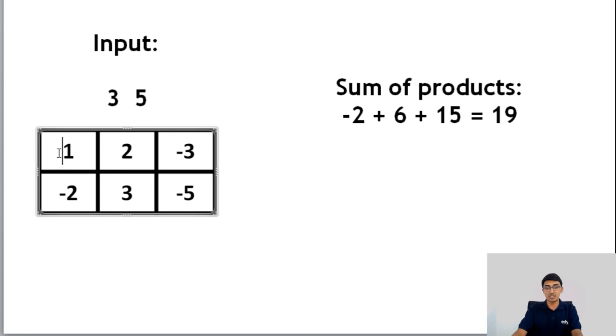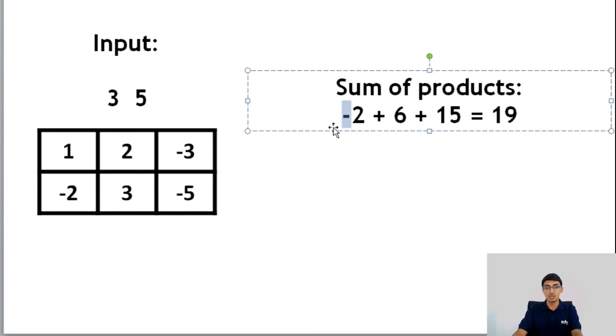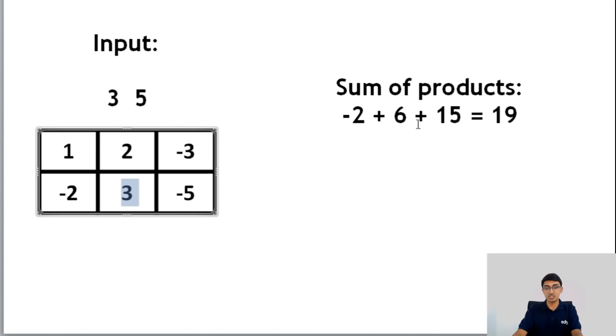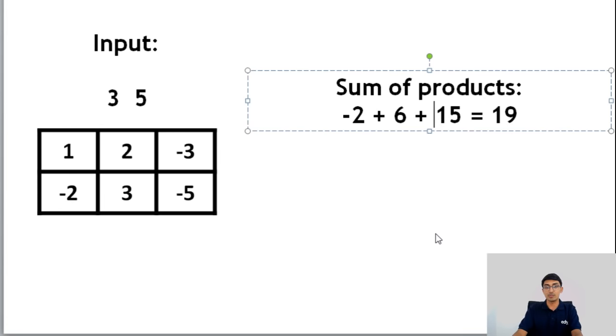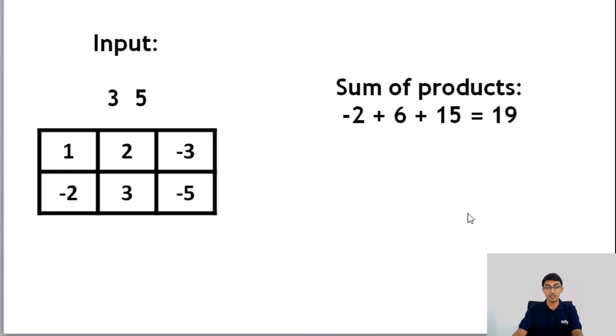So when you take the sum of the products of A and B, this is array A, this is array B, you multiply A[i] and B[i]: 1 into -2 is -2, 2 into 3 is 6, and -3 into -5 is 15. So when I do -2 plus 6 plus 15, it is equal to 19. Okay, so this is as per the original array.